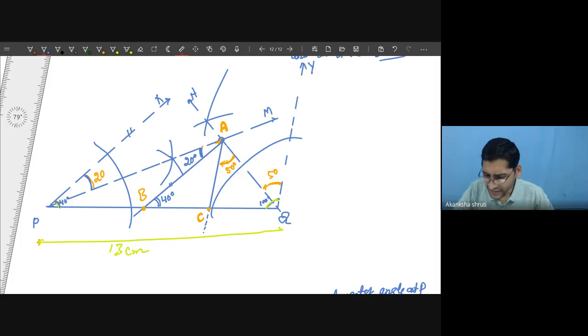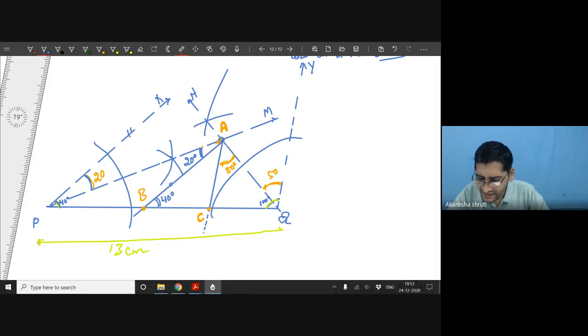Now for C, C is on the side of Q or for the angle Q. So again, taking AQ as the length, we have made half of the angle at Q, meaning 50 degree at A, which is cutting the PQ at C. Here also, this AQ is acting as a transversal.